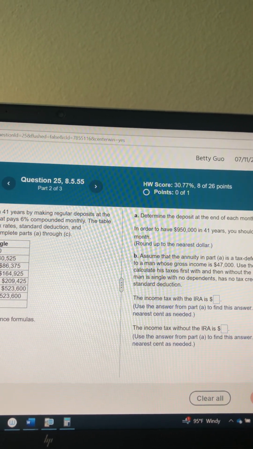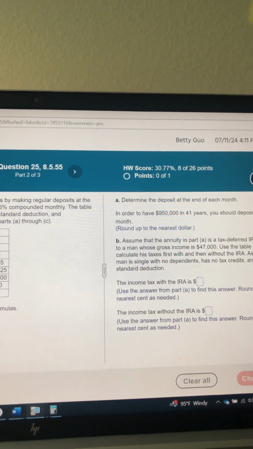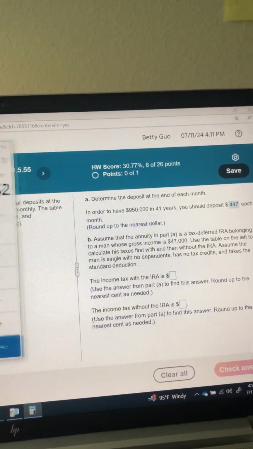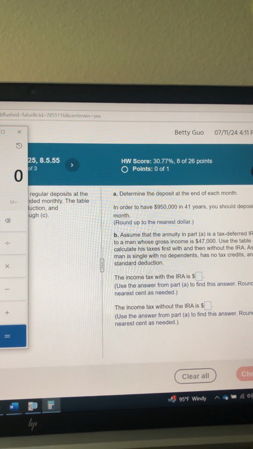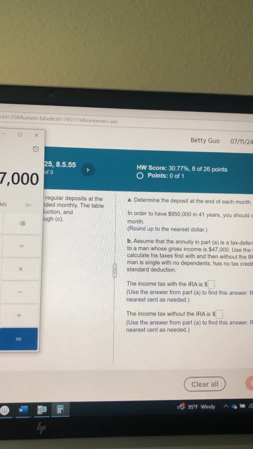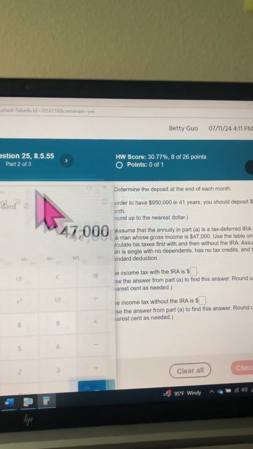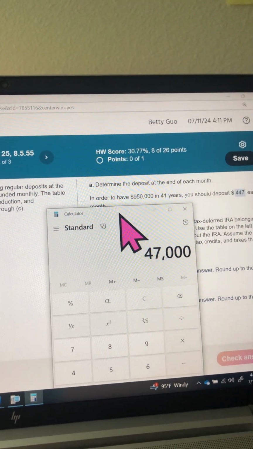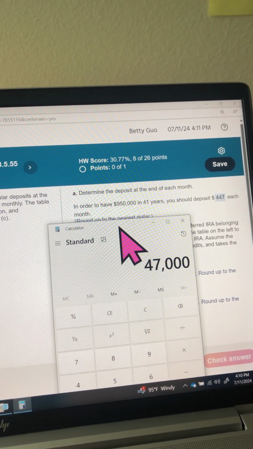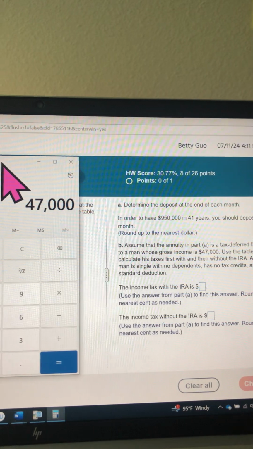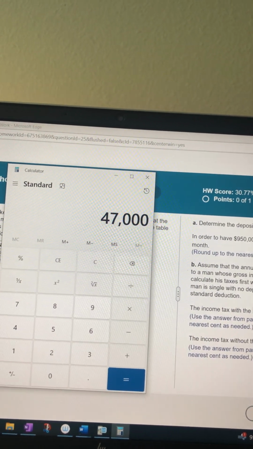His gross income is $47,000. Let's get a scientific calculator. Let's see any other information about the table. Okay, so it only has this adjustment. The adjustment is the IRA contribution.